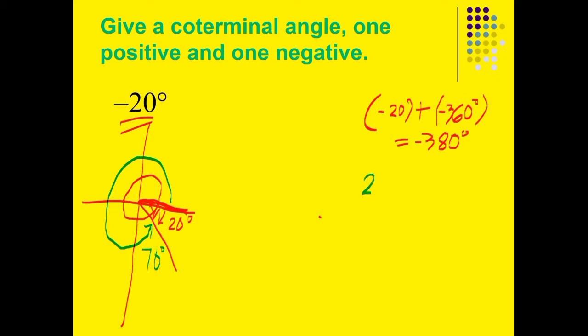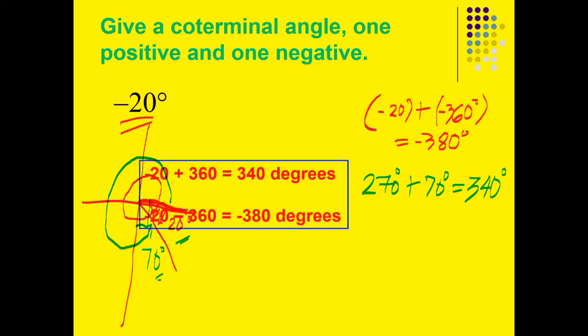So 270 plus 70, so we have here 340 degrees, because this is a 90 degree angle here, so we have here 20. The complement of 20 is 70. Complement. So we have that. Okay.